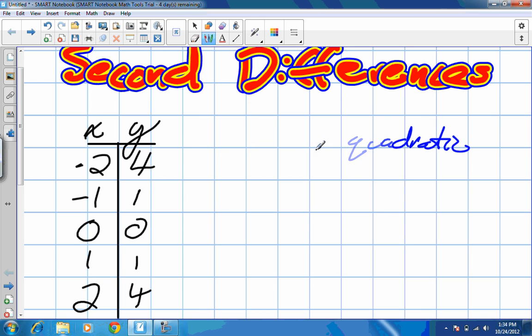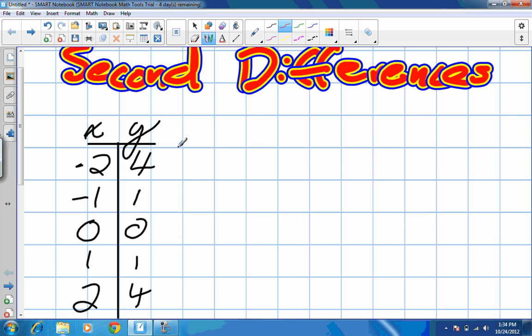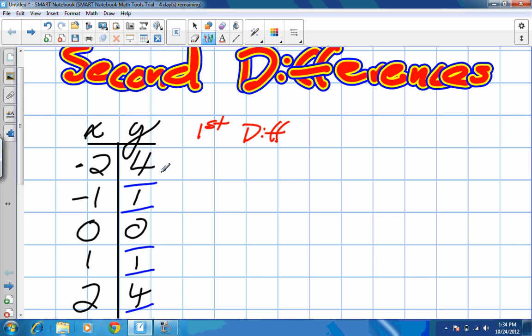We'll get into depth. So, what we do to figure out what type of relationship this is, we find the differences. When we do the first set, we call them the first differences. We find the differences of the y values. Okay? So these are all of our y values. In order for this to work, we have to make sure first that our x values are increasing or changing by the same amount.